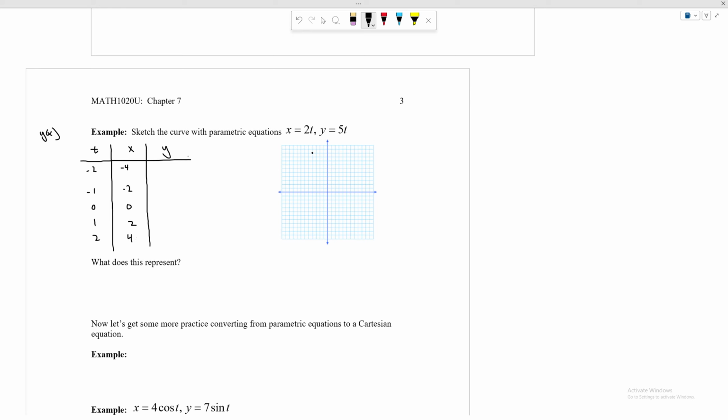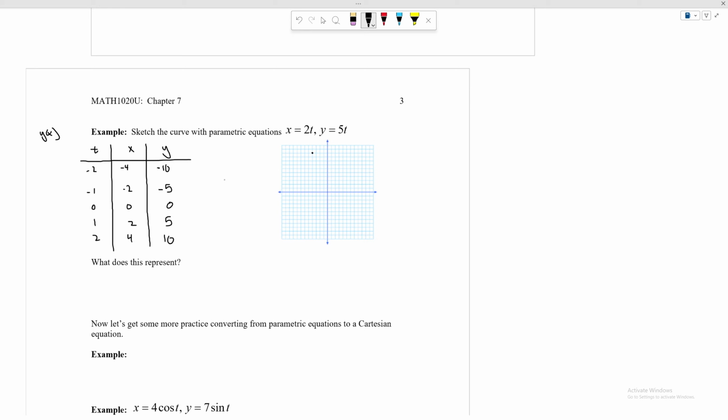And then what's my y here? Negative 2 times 5 is negative 10. Then negative 1 times 5 is negative 5, 0 times 5 is 0, 1 times 5 is 5, and 2 times 5 is 10.